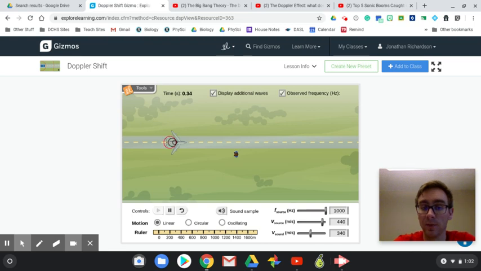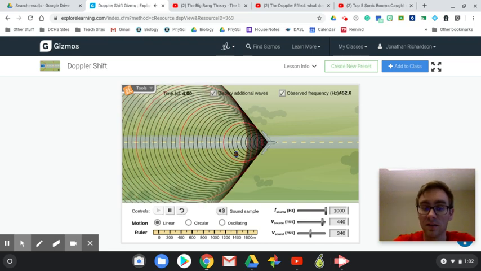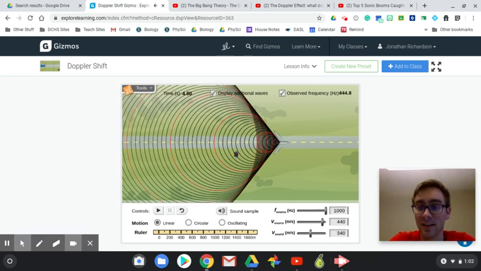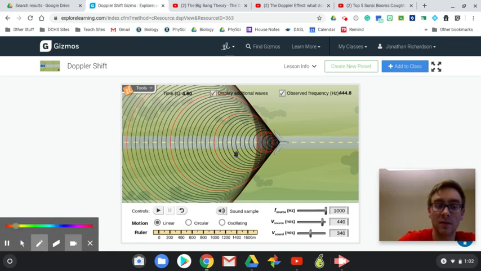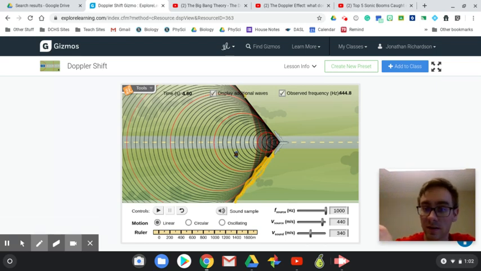So when it goes, it is actually going to be traveling faster. The people in the front are going to be ahead of its own sound waves. It creates this pressure wave right here and right here, and it's breaking what we call the sound barrier.